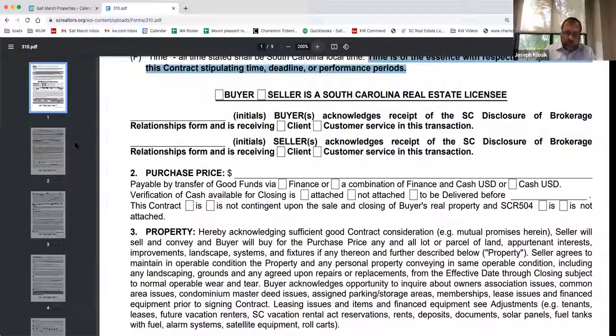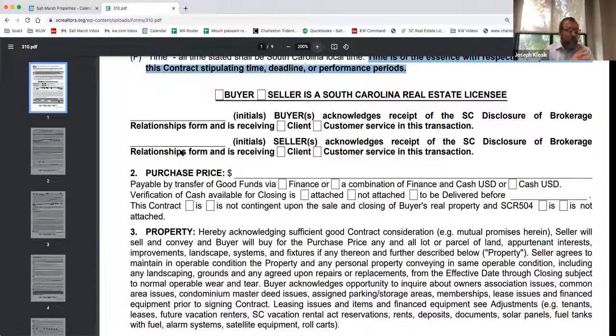This is another area you are covered to acknowledge that they have seen the disclosure of brokerage relationships in South Carolina. Now, it's still required as a separate document as far as our compliance is concerned. That is on the table, however, to possibly take off because it is covered now in this agreement.